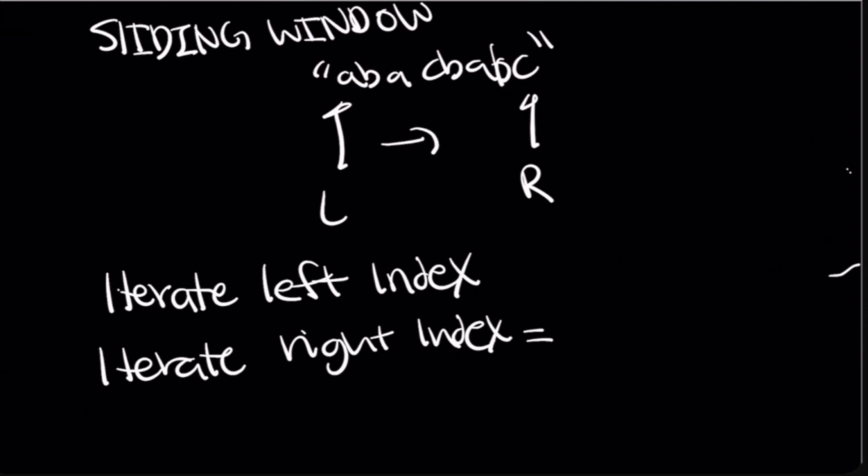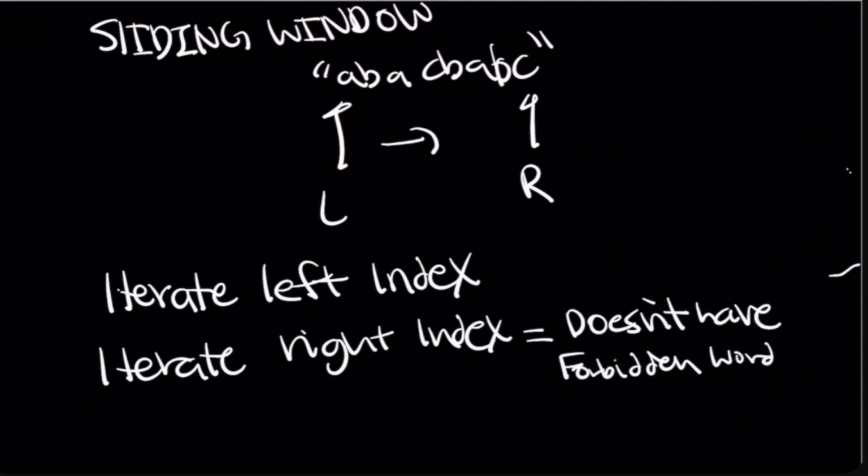So it doesn't have forbidden words, we just add 1 to the right, right? But iterating the left index is quite tricky in this case.